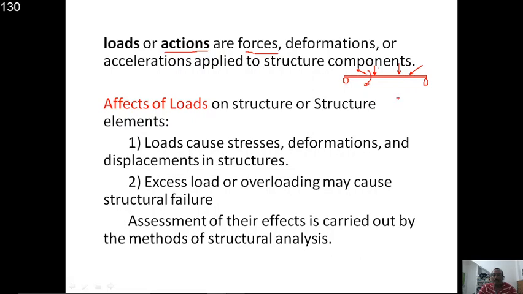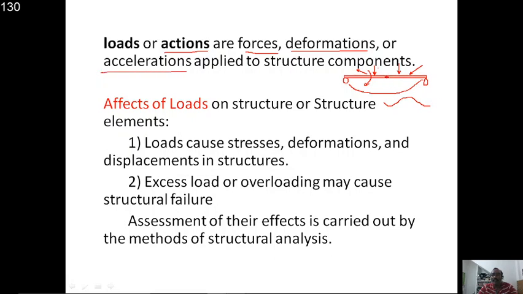Due to this, my structure undergoes deformation. That means it changes its shape. It takes some curved shape, or it can also take undulating shapes according to its loading conditions. This type of change of shape is known as deformation.